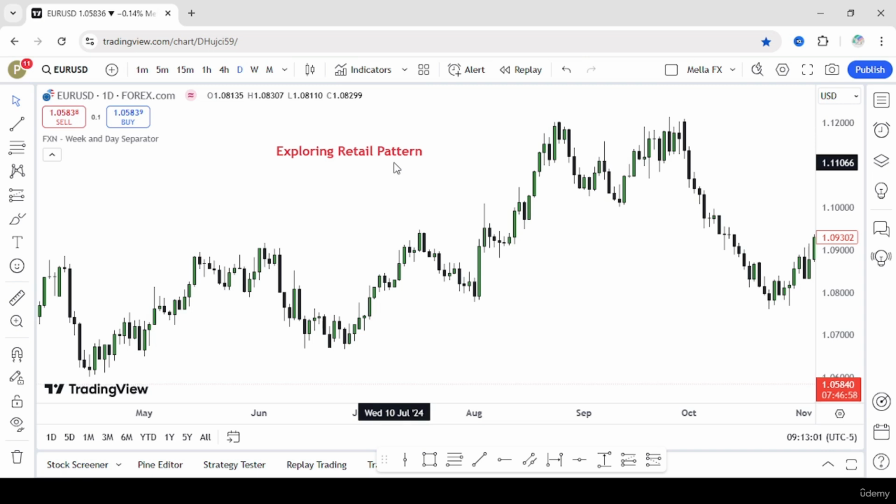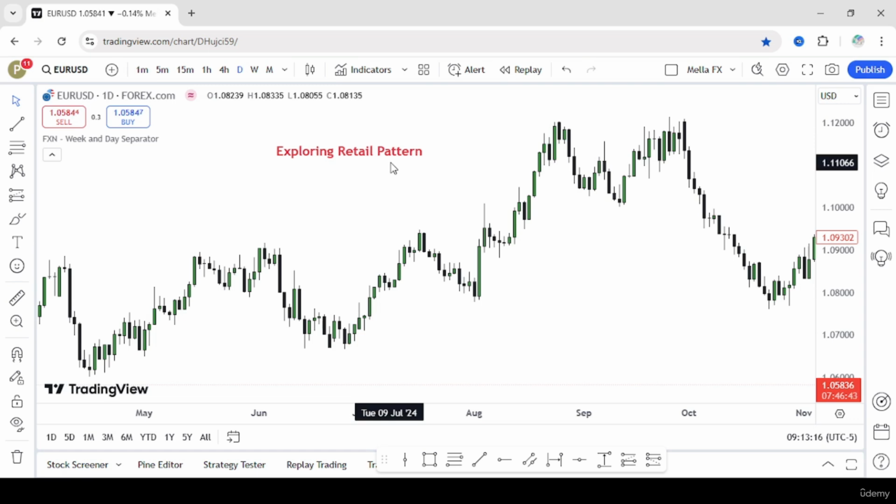So for example, the trend line. Retailers use the trend line to identify areas of support or resistance.